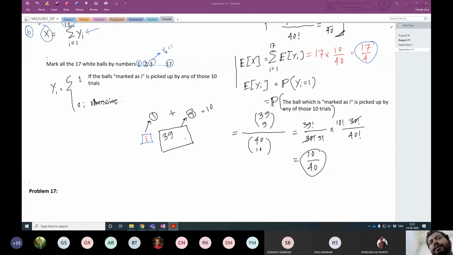Square times R. Okay, so let me write this down. It is given that I and R are independent random variables.